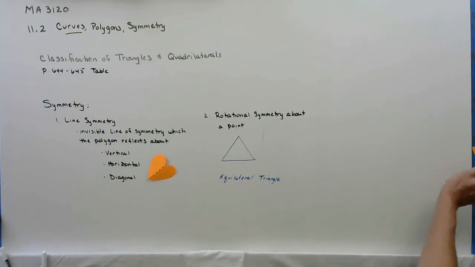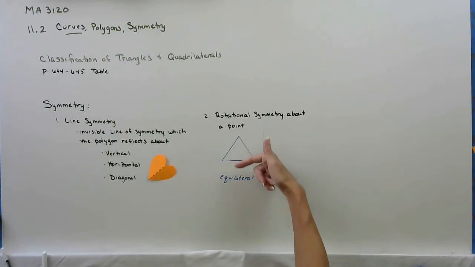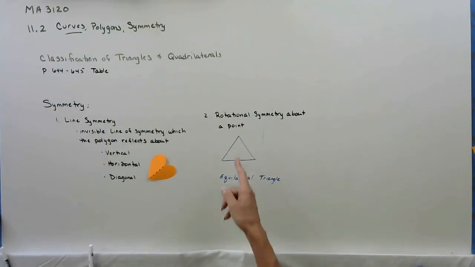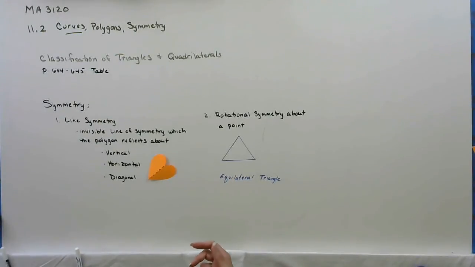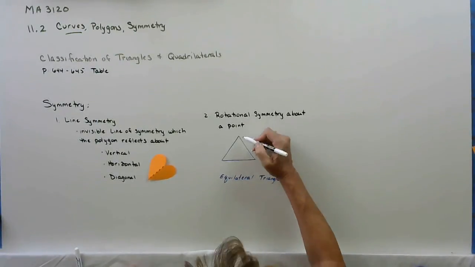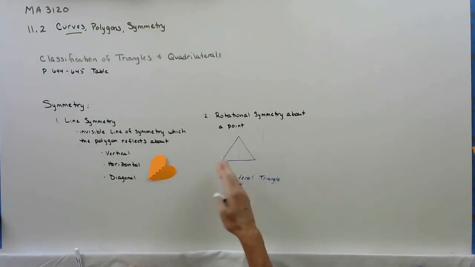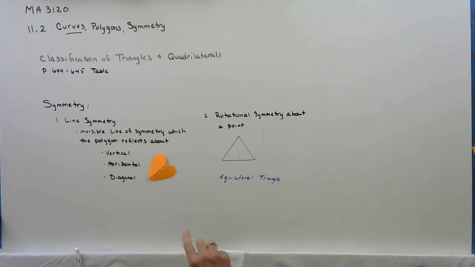And the answer to that is no. If I fold it in half, it would not look like itself. It wouldn't be a mirror image. What about a vertical line? If I put a vertical line through here, would it fold over onto itself? And the answer is yes. So it does have line symmetry.